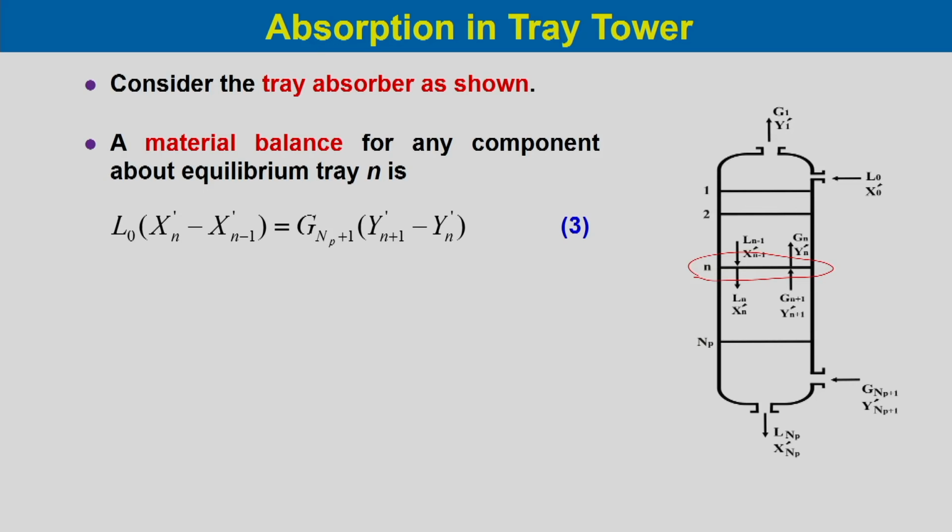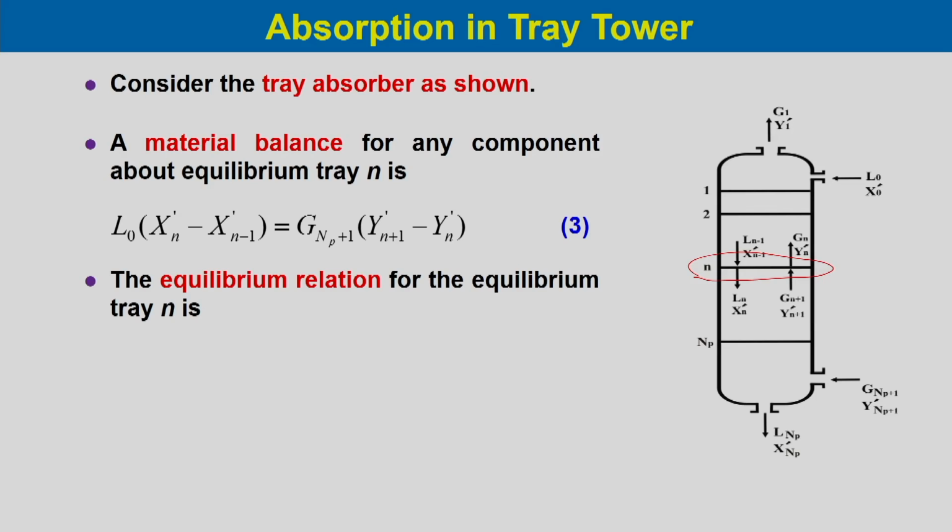So, this is the material balance for any component about an equilibrium tray n. Now, the equilibrium relation for the equilibrium tray n, we can write small y_n would be equal to m_n x_n.